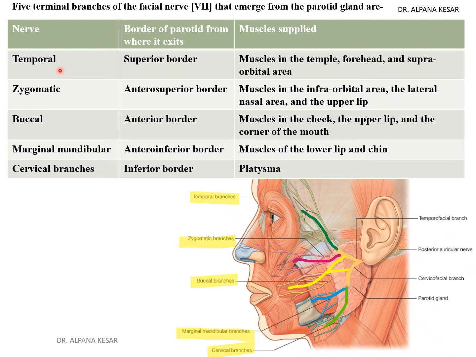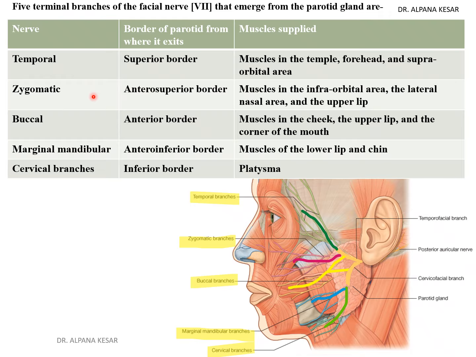Each of these branches then supplies the muscles of the face. The temporal branch supplies the muscles in the temple, forehead, and the supraorbital area. It supplies the frontal belly of occipitofrontalis, orbicularis oculi, etc.